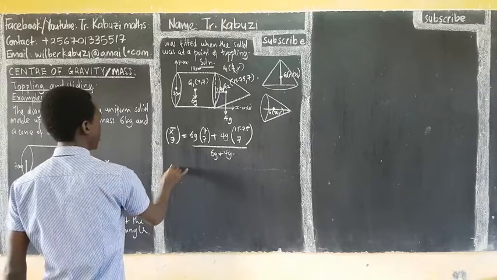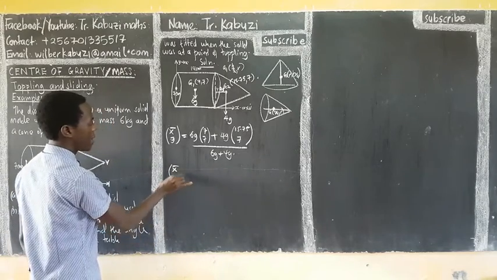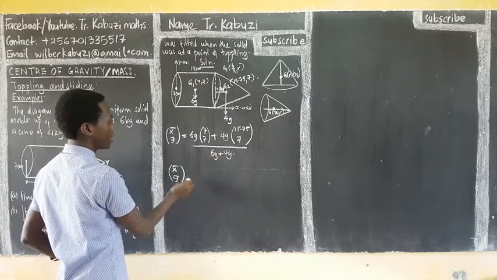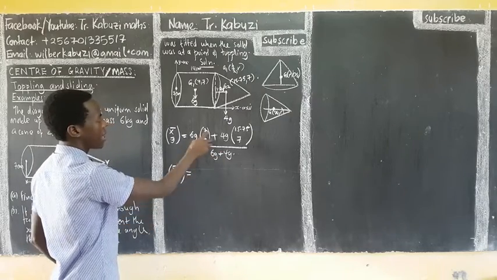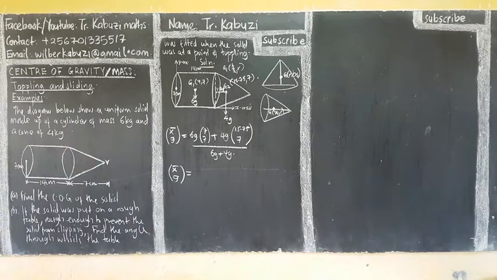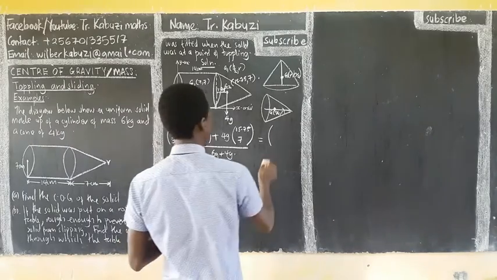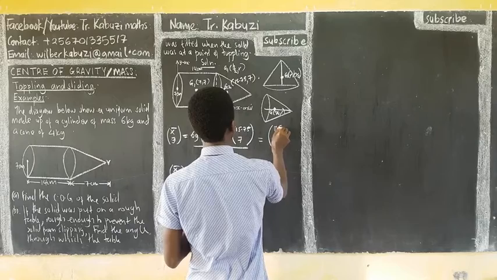And so you get a calculator and you press these things for y bar. Our G is common. When I press, I get 105.